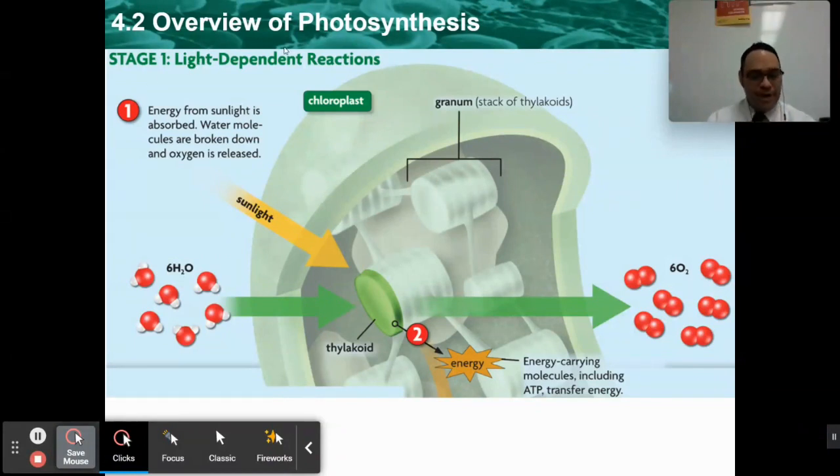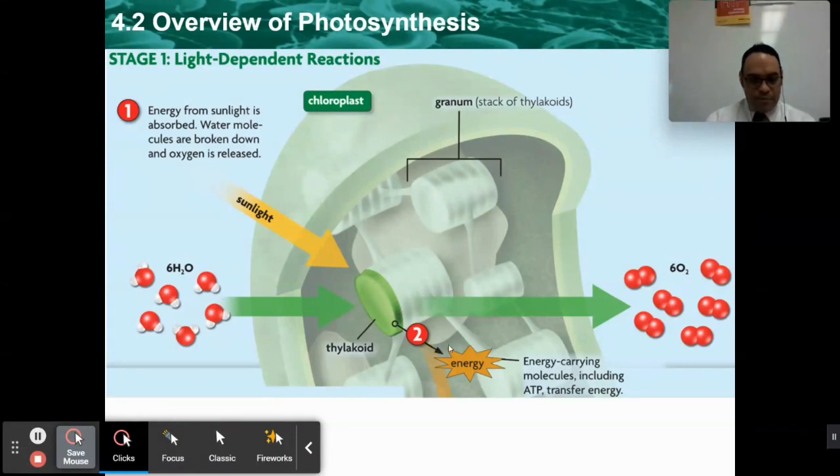So the light dependent reaction depends on light. That's happening, and this light dependent reaction will strip away the hydrogens from the water, releasing oxygen, and then taking hydrogens plus their electrons and removing them from the structure.